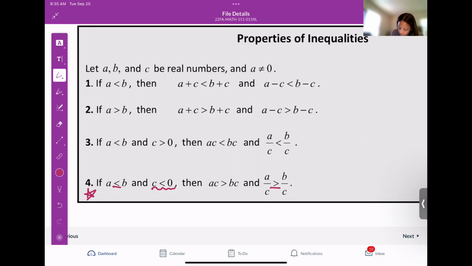So I'm going to write it here in words. When we multiply or divide by a negative number, the inequality changes directions.